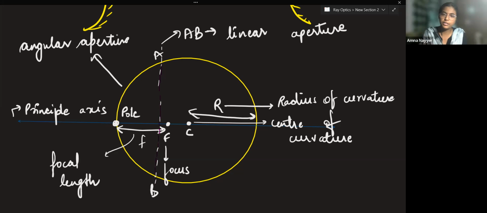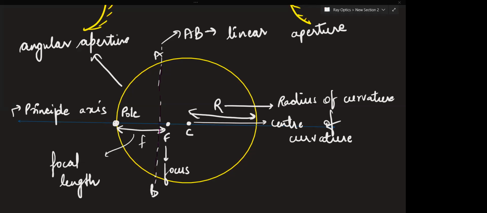So linear aperture, angular aperture, principal axis, pole, focus, focal length, center of curvature and radius of curvature. All these terms are important. You have to remember all of these terms.